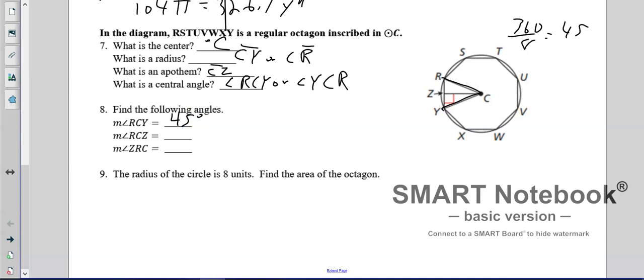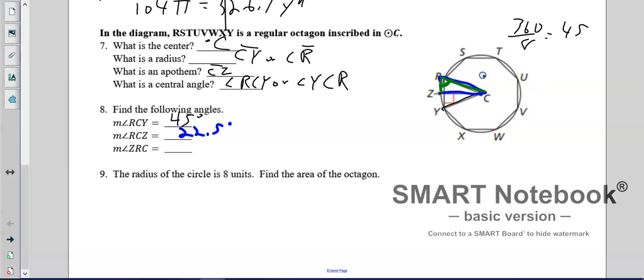RCZ, where's that? R to the C to the Z. Well, the apothem is a perpendicular bisector and an angle bisector. So basically it is cutting RCY in half, which makes this 22.5. And then it's asking for ZRC, Z to the R to the C. That's this angle right here.